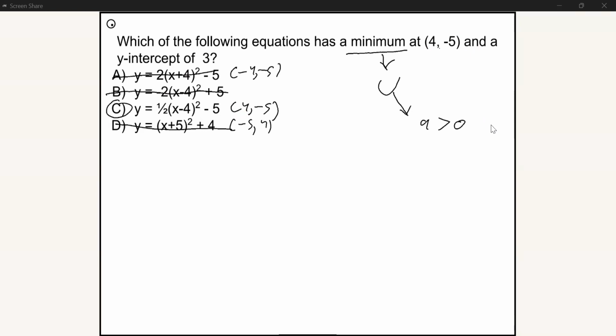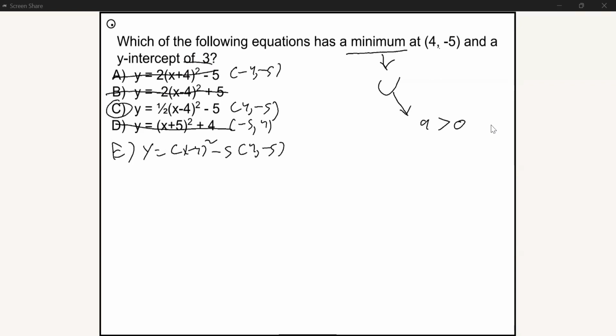But let's say we had another answer, right, that was like E, and it was saying something like y equals x minus 4 squared minus 5, and that gave you 4, -5. So in this situation, how would we choose? We would have to plug in 0 for x and find when we get 3, because it's the y-intercept of 3.